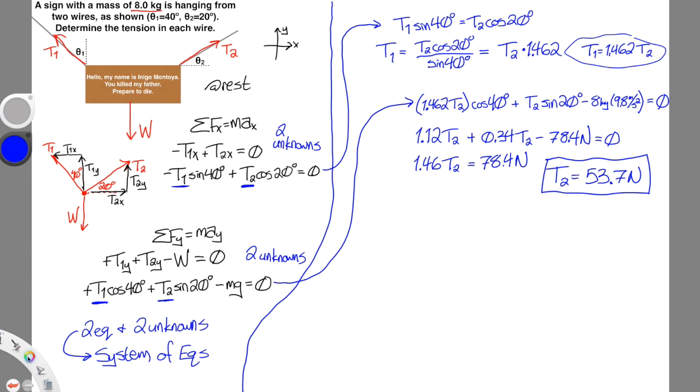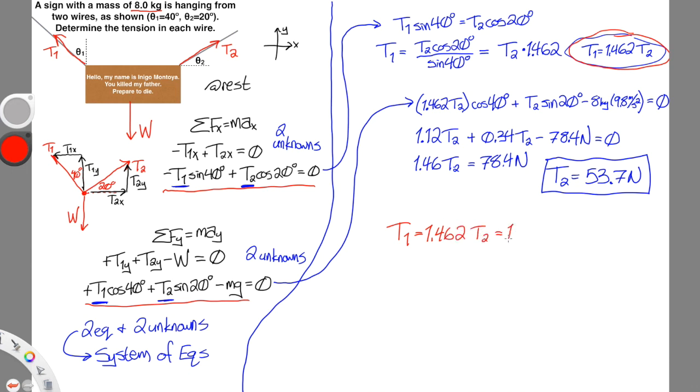To finish off this problem, I now need to plug that T2 back into any other equation I want that has both T1 and T2 in it. I could use this equation, I could use this equation, but the one I circled up here is the simplest one, so that's the one I'm going to use. T1 equals 1.462 times T2.